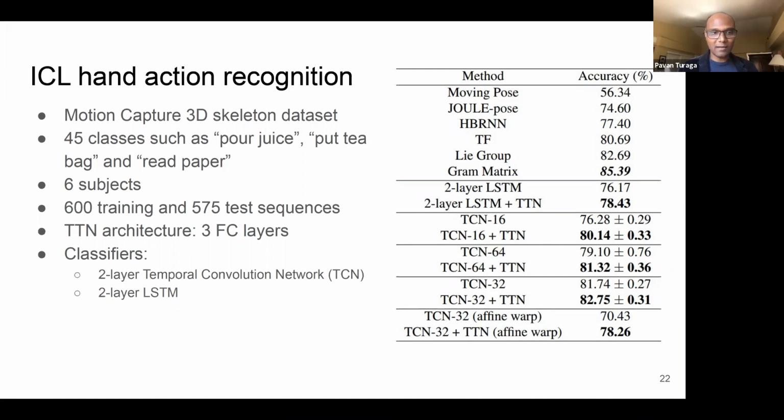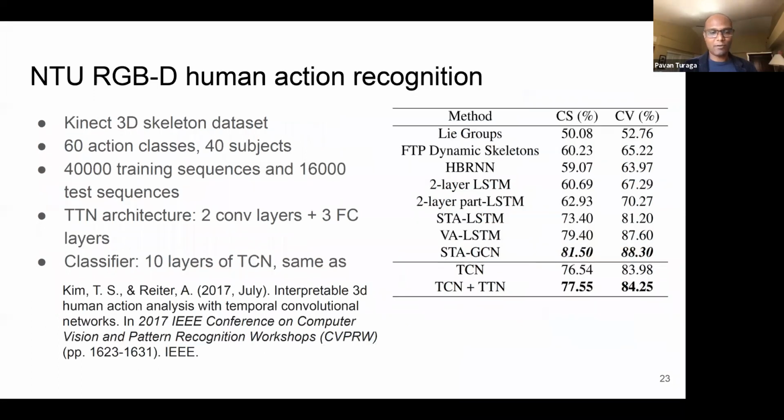This is a very interesting result for us. We have done similar things for some other data sets and found similar results. You add TTN to a strong baseline, and numbers do go up. And of course, we are also able to interpret what it's trying to do. It's not as blind as just relying on a deep net. We are imposing some structure on the deep net with some understanding of the basic phenomena.